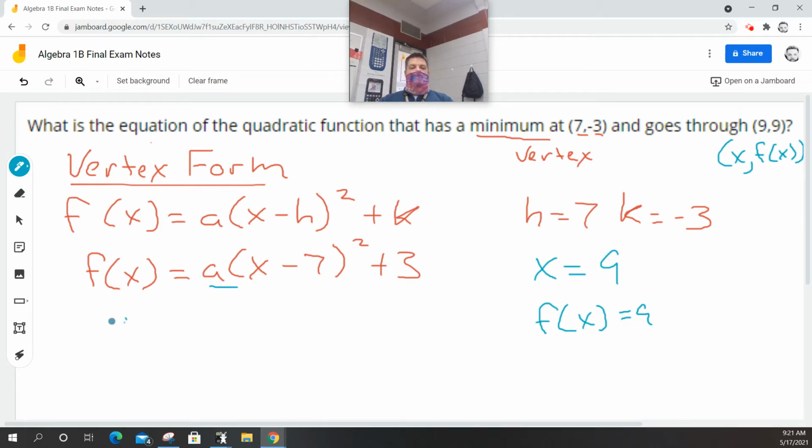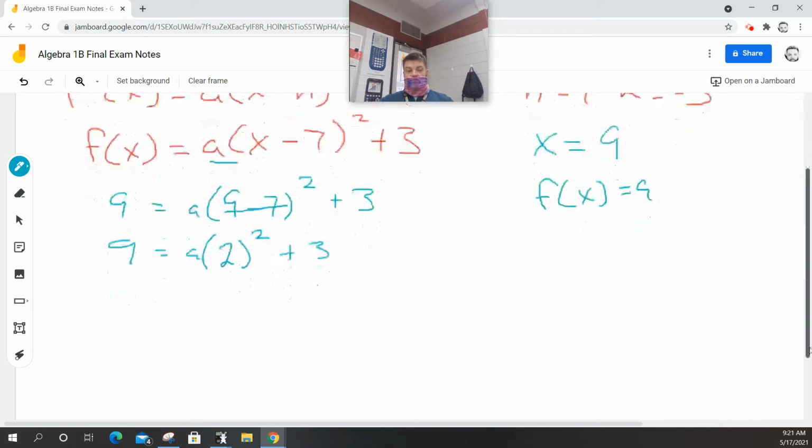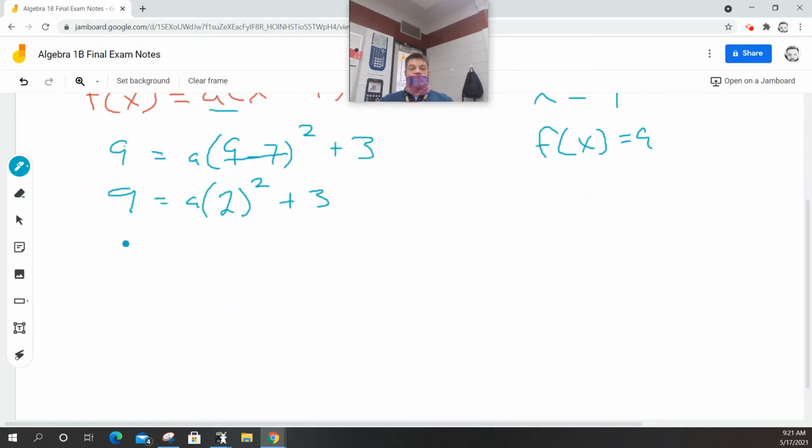In other words, I'm going to say 9 equals a times (9 minus 7) squared plus 3. So 9 equals a times (9 minus 7 is 2) squared plus 3. So then I get 9 equals 4a, right?